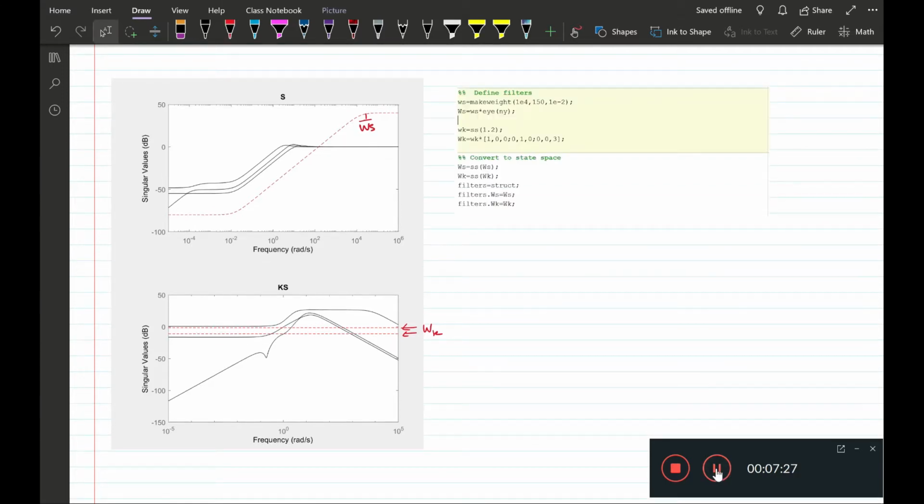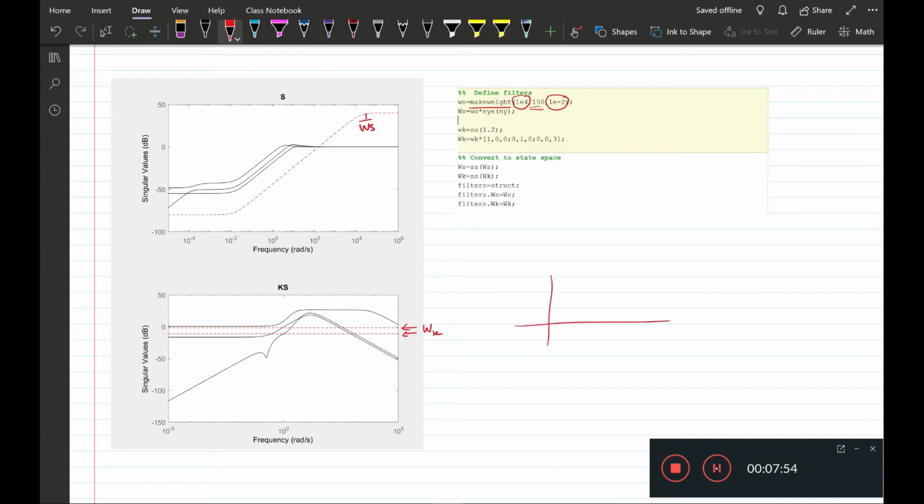So this part of the code shows the filter design. We use the makeweight command, and we have a high weight at the low frequency, that is 1E4, and a low weight at the high frequency, that is 1E minus 2, and the crossing of the 0 dB line at about 150.